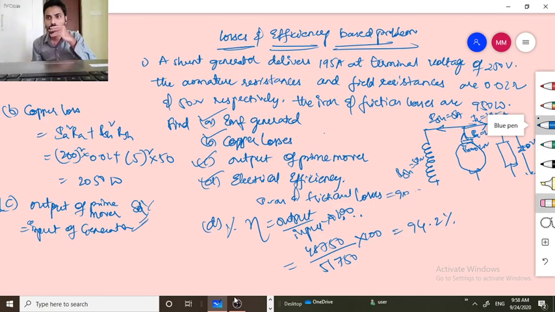So now we'll see the problems on DC motor. So I'm erasing this.